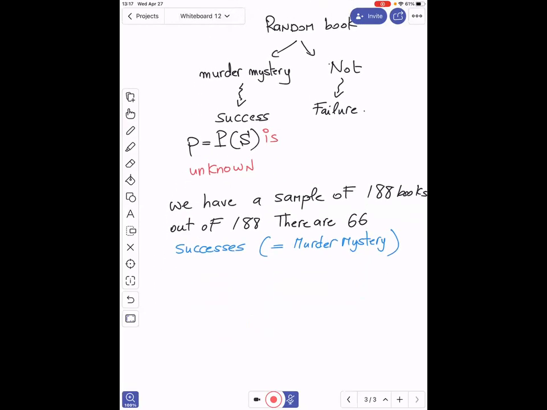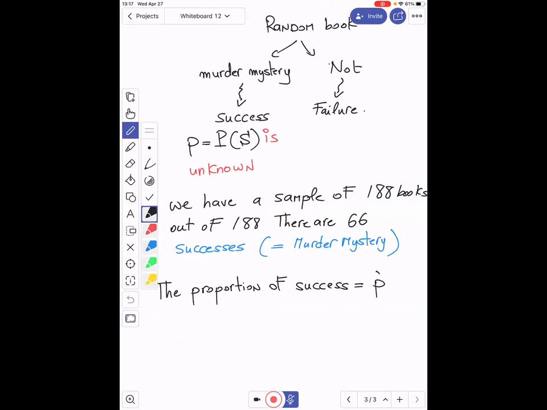So the proportion of success in this sample is denoted by p hat.